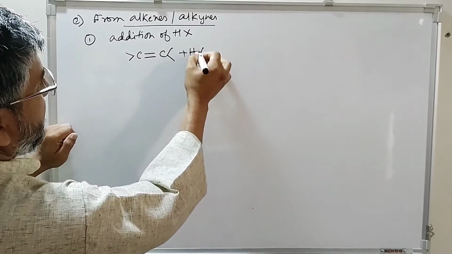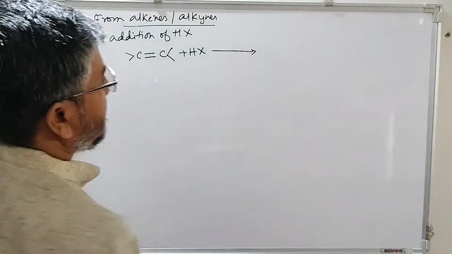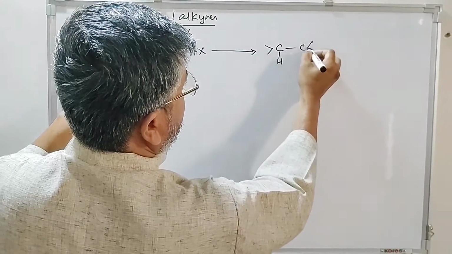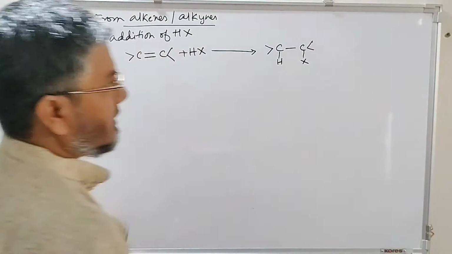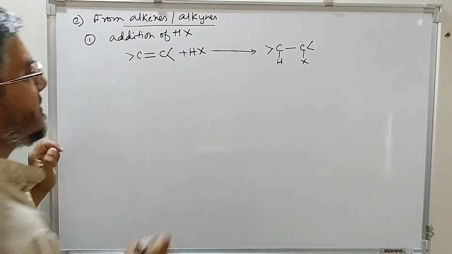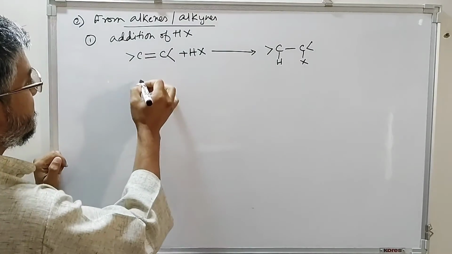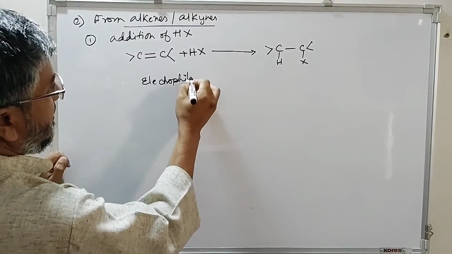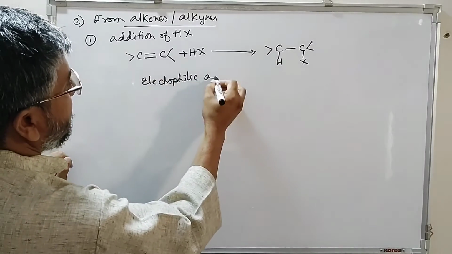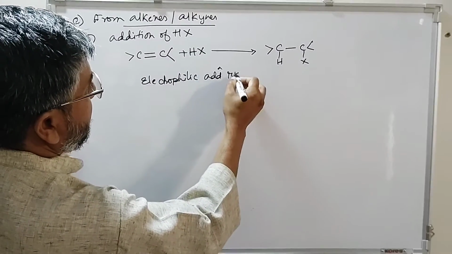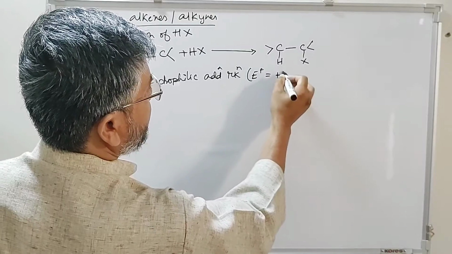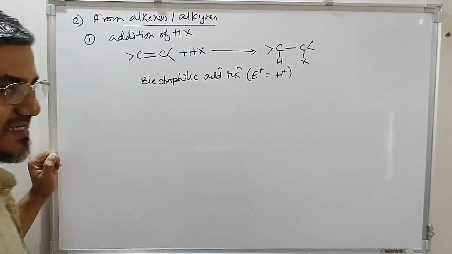Alkene reacts with HX, and this gives you alkyl halide. This reaction is an electrophilic addition reaction, and the electrophile is the H plus ion, which is coming from HX.